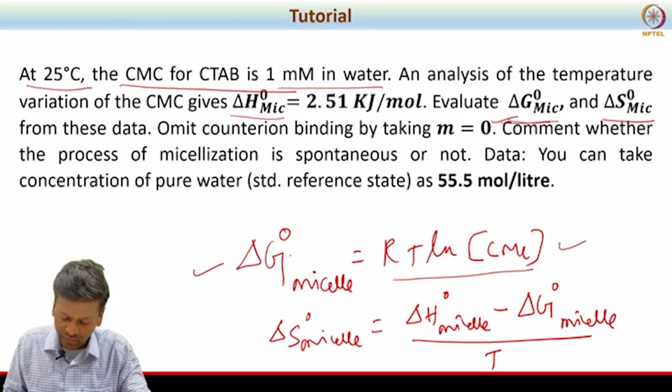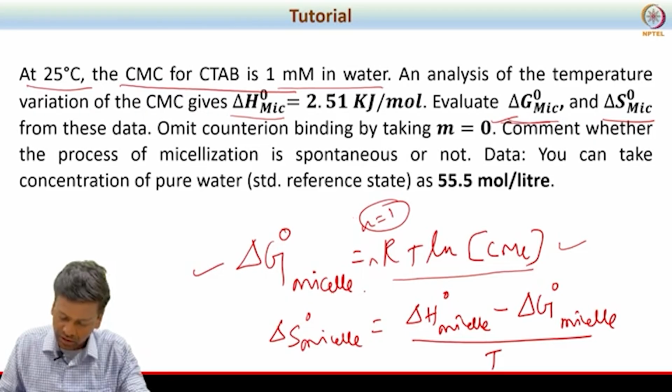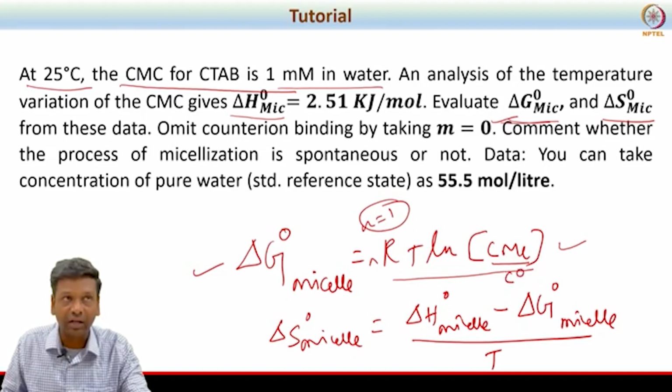Since we use capital G here, you can assume that n is 1. It is supposed to be nRT, so you can assume n to be 1. Whenever you evaluate the CMC, you have to evaluate it with respect to some standard reference state.